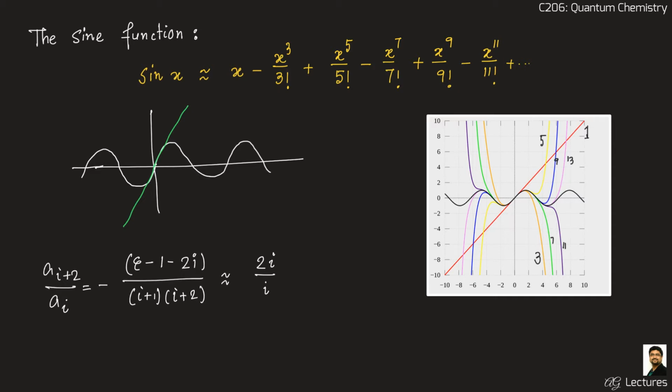That's because when i is very large, we can ignore epsilon, which is a small number.